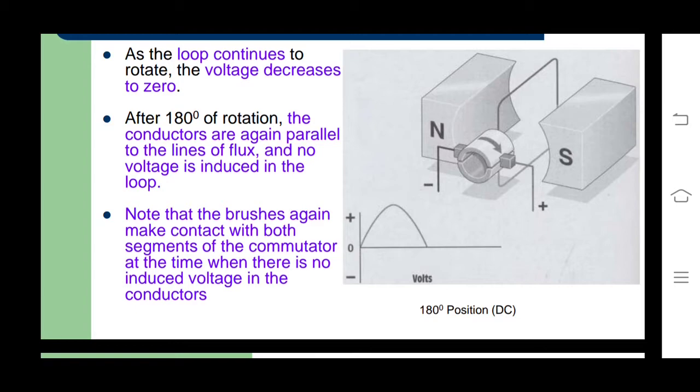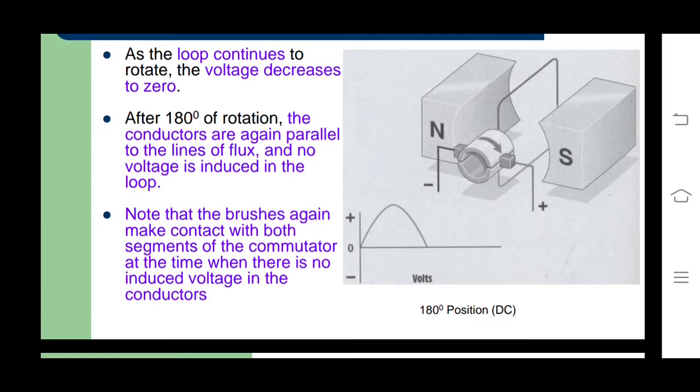After 180 degrees of rotation, the conductors are again parallel to the lines of flux and no voltage is induced in the loop, because at 0 degrees and 180 degrees the flux cutting is 0. The rate of change of flux cutting is 0, so the EMF is also 0.